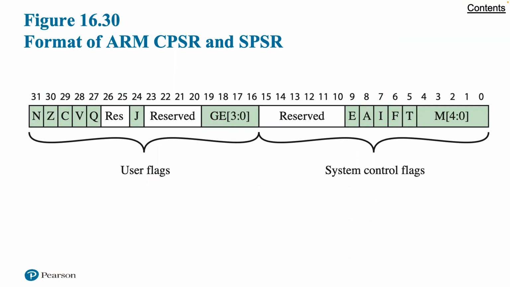The 16 most significant bits of the CPSR contain user flags visible in user mode, and which can be used to affect the operation of the programs. Figure 16.30, as we're showing here, shows these things. And so first of all, we have the condition codes, the N, Z, C, and V flags, which are discussed in chapter 12. And so you might want to go back to that chapter to remind yourself of that.